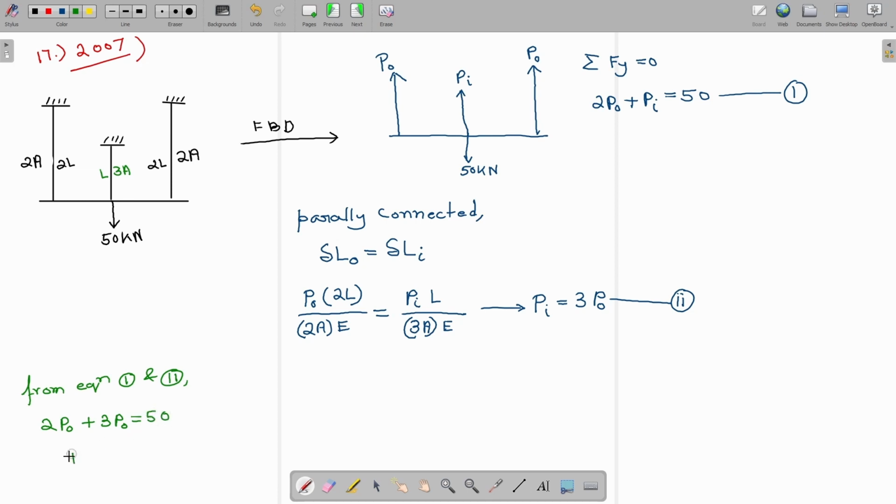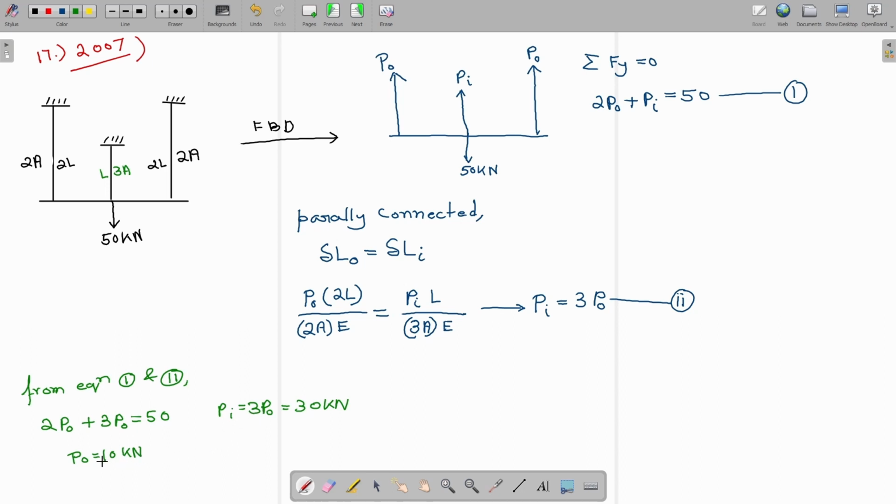Therefore, P naught is equal to 10 kilonewton and Pi is equal to 3 times P naught, which is 30 kilonewton.